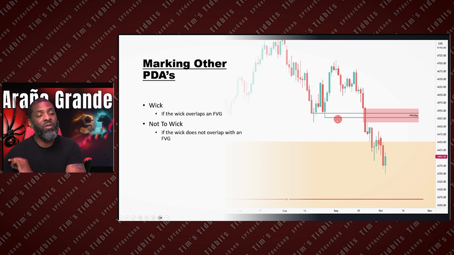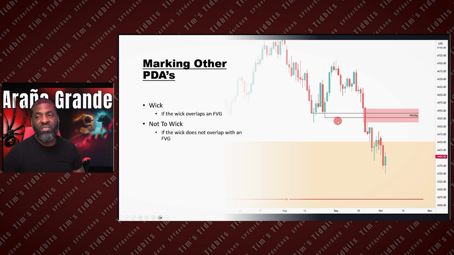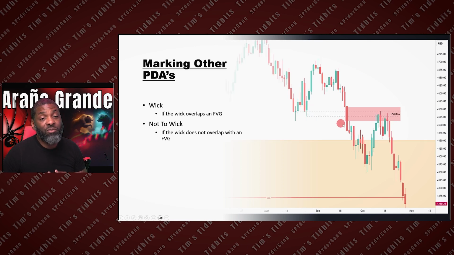And that's how the fair value gaps can help you determine how to mark the other PD arrays. And as we see, when price decides to trade back up, it's showing extreme sensitivity to the areas with wicks that are overlapping the fair value gap. And then price drops like it's hot.